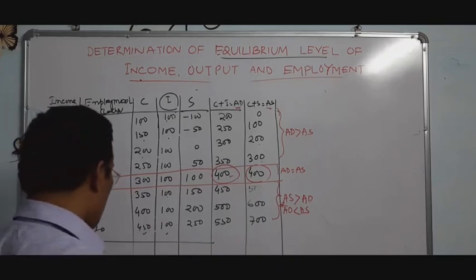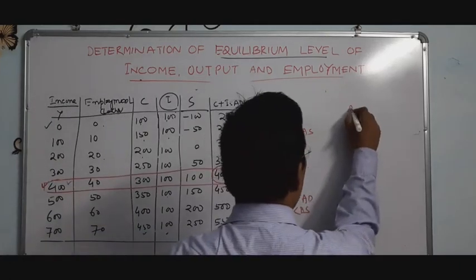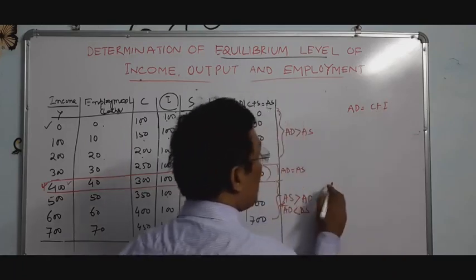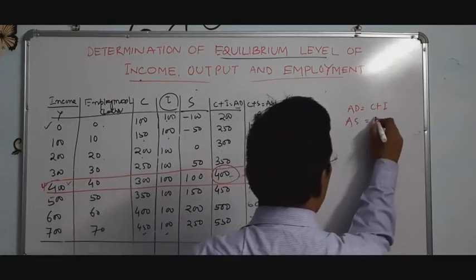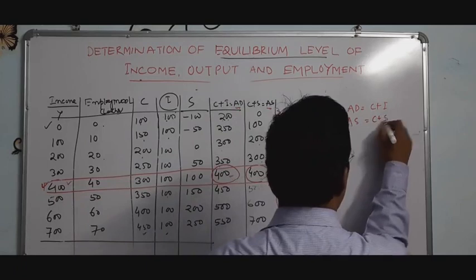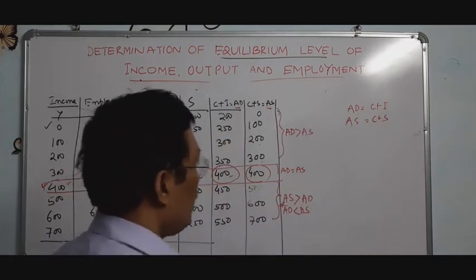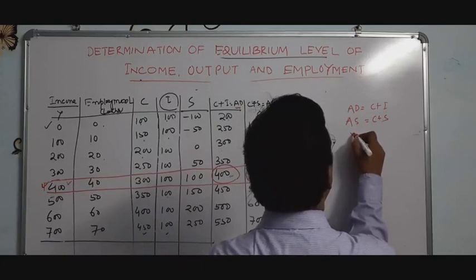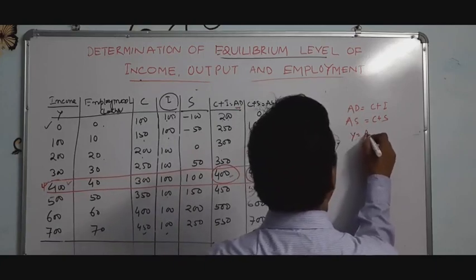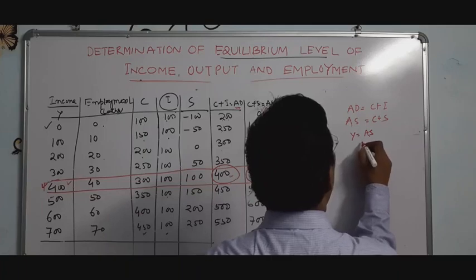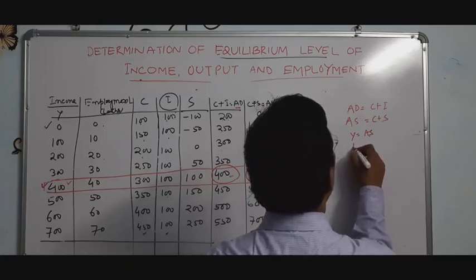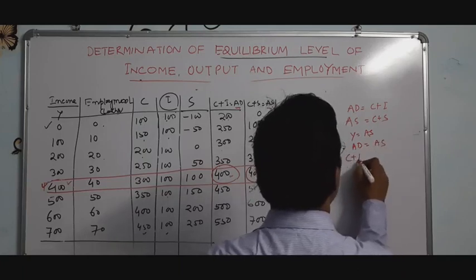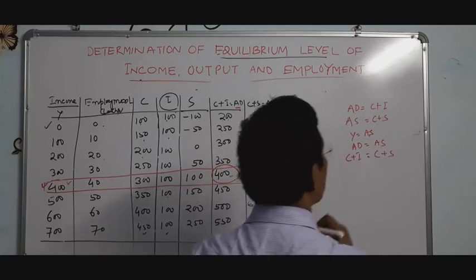So we can say AD equals C plus I and AS equals C plus S. In the equilibrium case, Y equals AS, and if AD equals AS, it means consumption plus investment equals consumption plus saving.